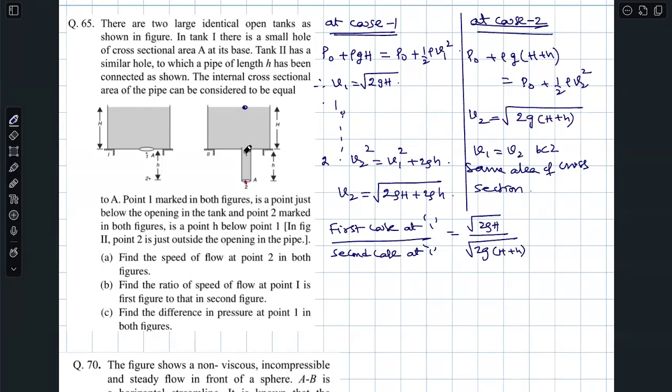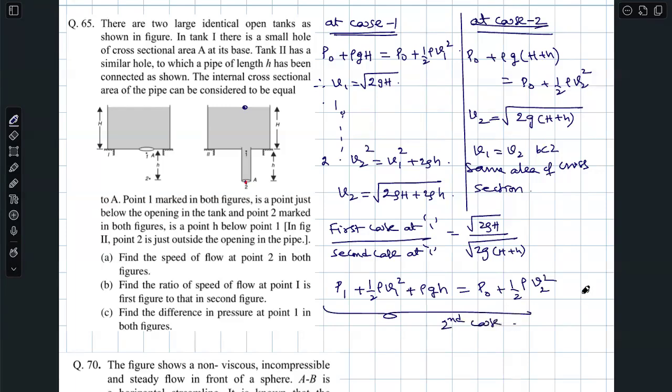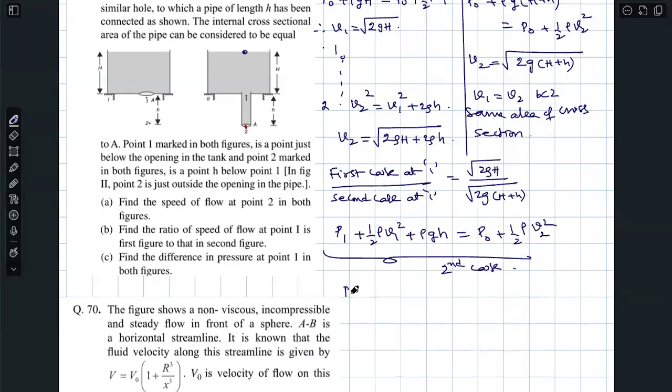I will assume P1 is the pressure there, with half rho V1 square velocity there, and half rho V2 square in the second case.